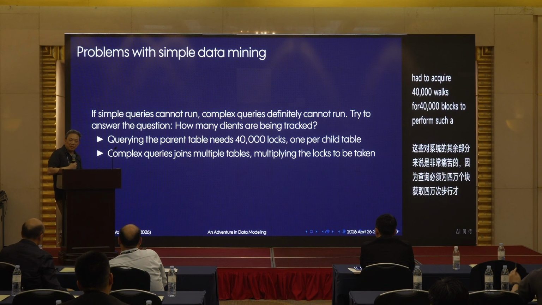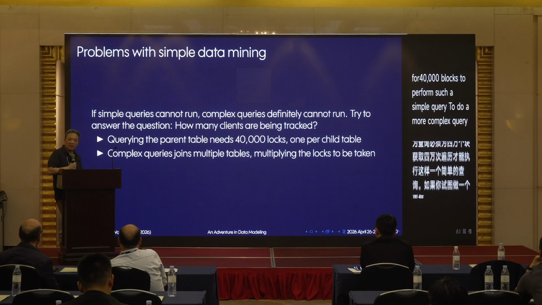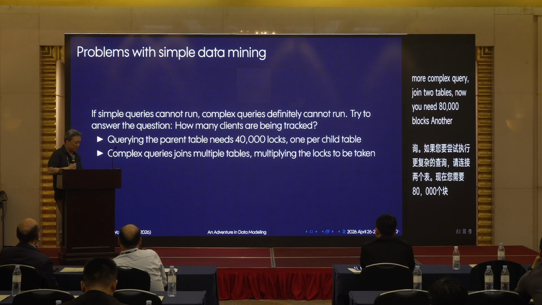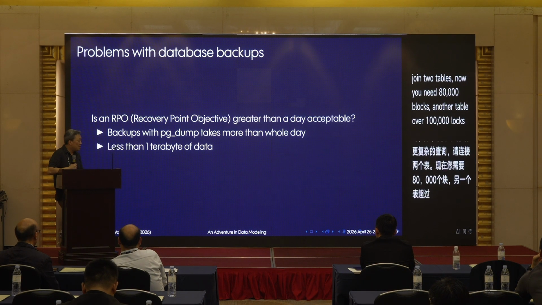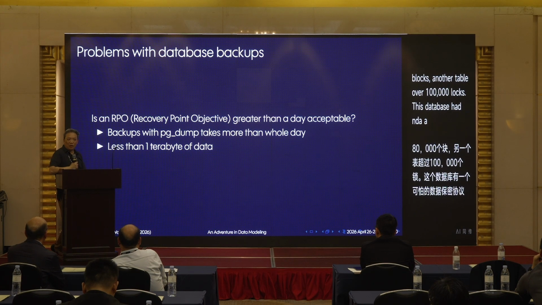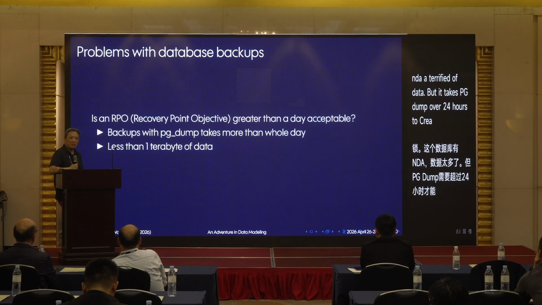And if you were to attempt a more complex query, join two tables, now you need 80,000 locks, another table, over 100,000 locks. This database had under a terabyte of data, but it takes pg_dump over 24 hours to create a backup because of the number of objects in the system.